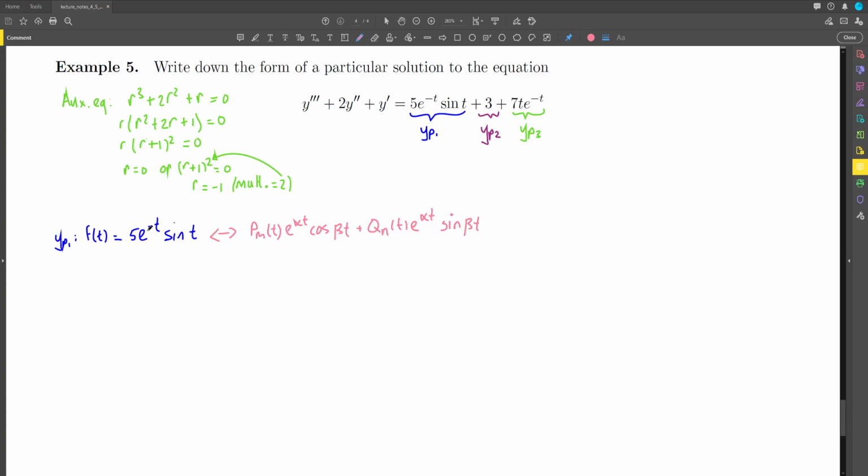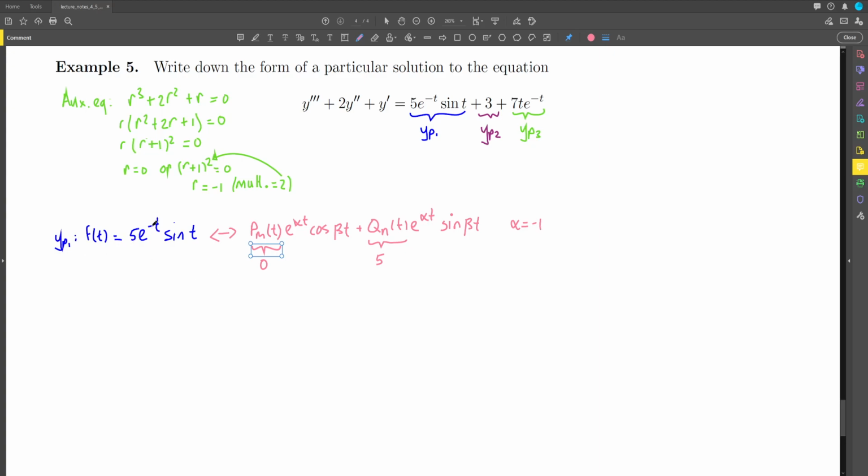Now, since my left-hand side only has a sine, that means that the cosine is gone, so I see that Pm of t is just 0 because we don't have a cosine. And then the Qn of t, that's the polynomial in front here, so that is just 5. And then if we compare alpha and beta, we see that alpha equals -1.